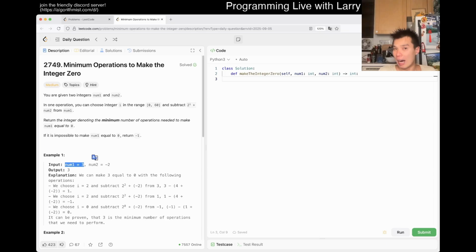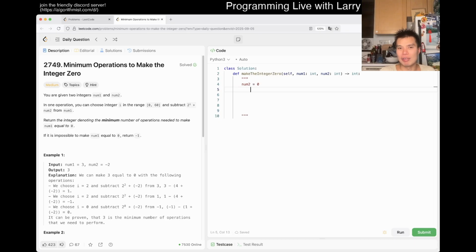Actually, just saying that out loud flicked a light bulb in me. What I mean is that it just reduces to... let's say we're able to do one operation. But when num2 is 0, actually skip the one operation part.